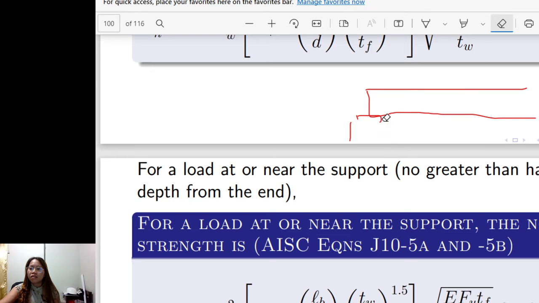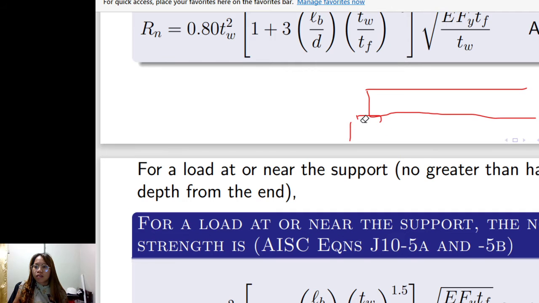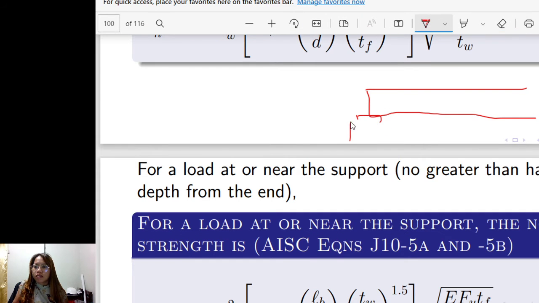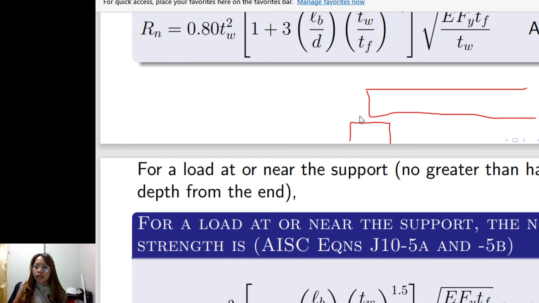Let's erase this. If this is the column, then you have a bearing plate.